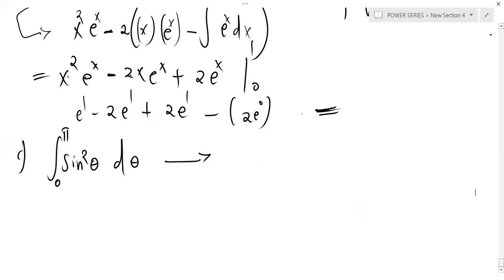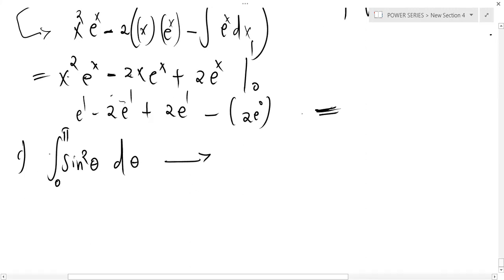Okay, so the next question is the integral from 0 to pi of sine squared theta d theta. Now, you guys already wrote down the identities for sine squared.